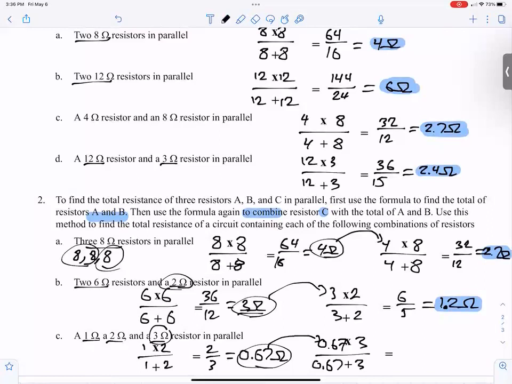Well, 0.67 times 3 is about 2.01. 0.67 plus 3 is 3.67. And we get a total of about 0.55 ohms.